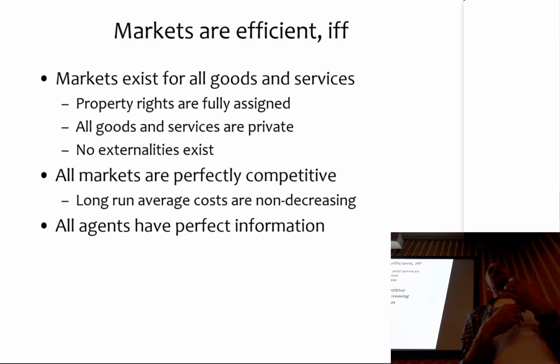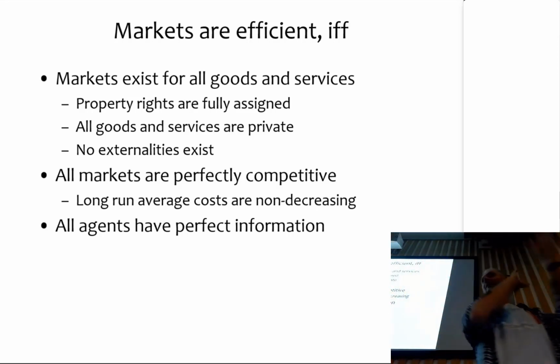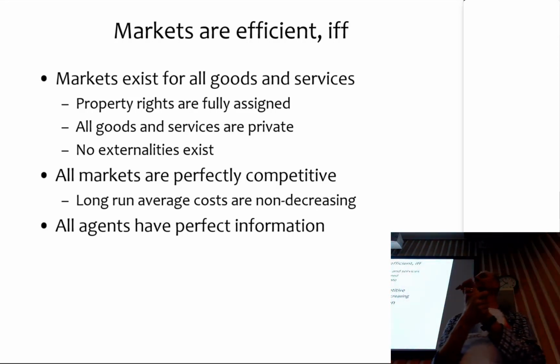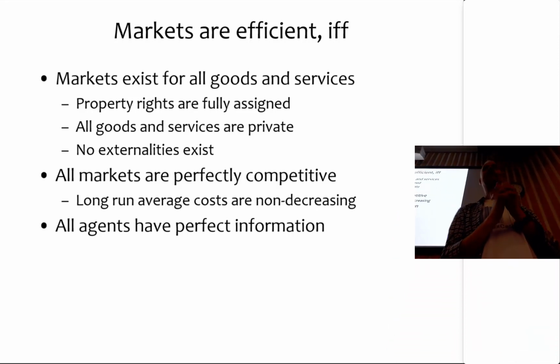And the property rights for these things are fully defined. There isn't an aspect of this that is undefined, right? Everything is traded. All goods and services are private. I'll come back to the definition of a private good in a second. And there's no externalities. And we further assume that all markets are perfectly competitive.